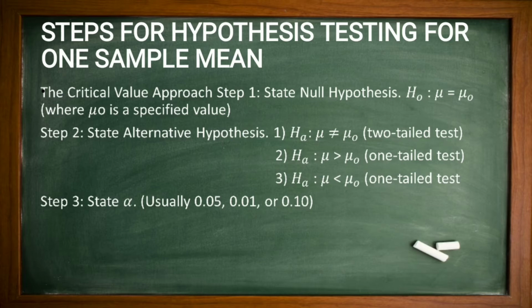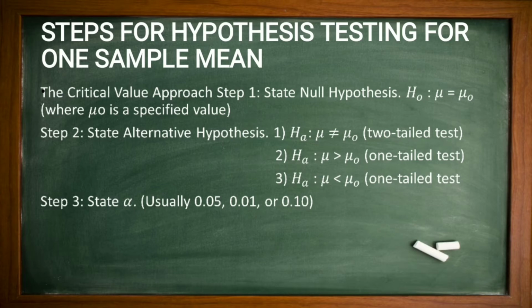This is the one-tailed test or the right-tailed test, because greater than was used. And last, H sub A, colon, the population mean, less than the hypothesized mean. This is our left-tailed test, because less than was used. So that is our alternative hypothesis.